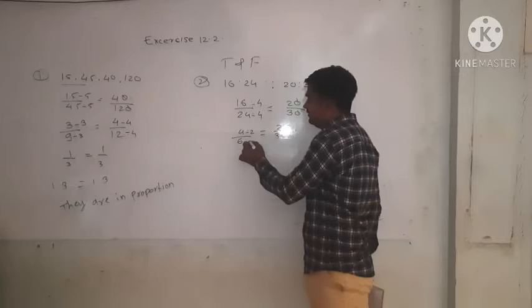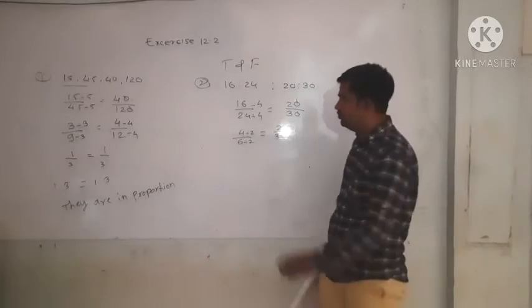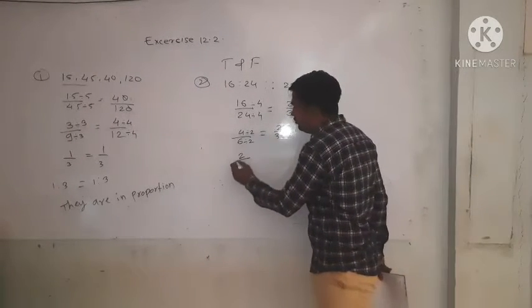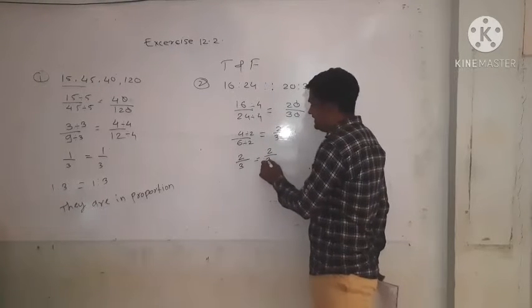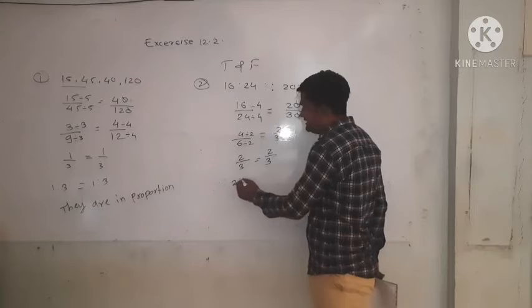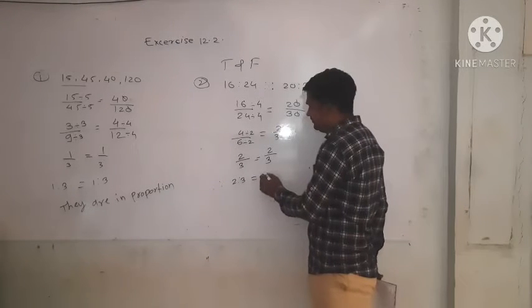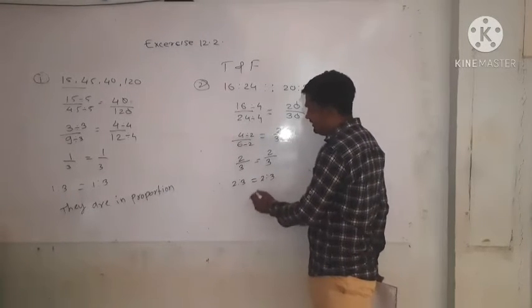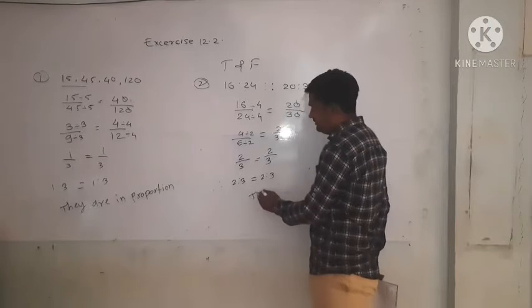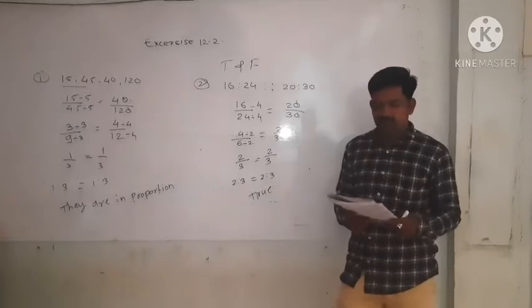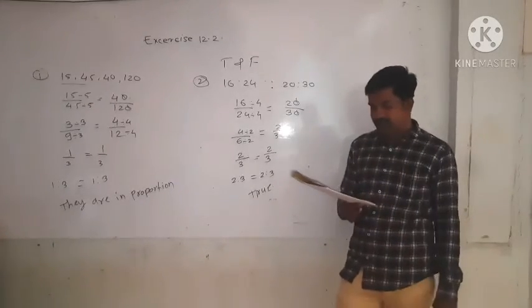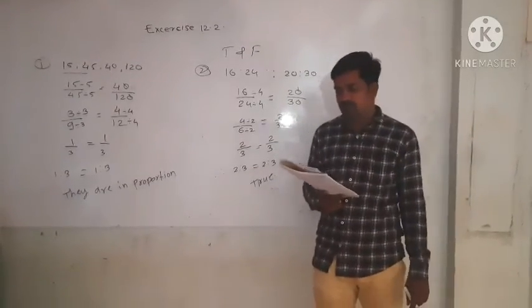Divided by 3, divided by 2. 2 2s are 4, 2 3s are 6. So both sides are same. Means what we can say? They are in proportion. Means this example is true. Say first example is true. Now remaining examples you can solve.